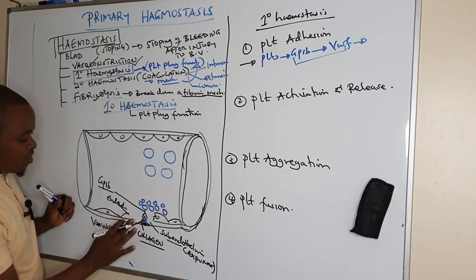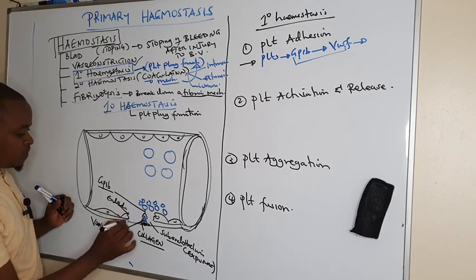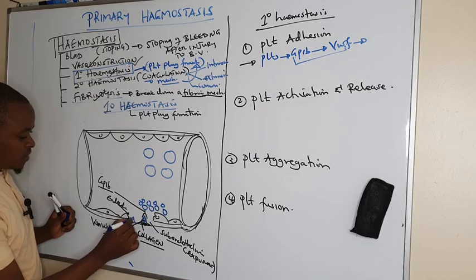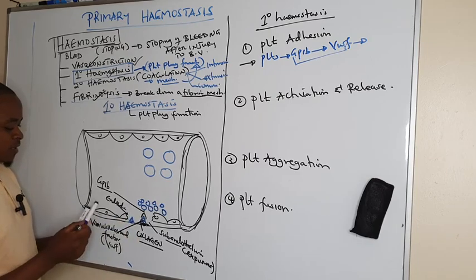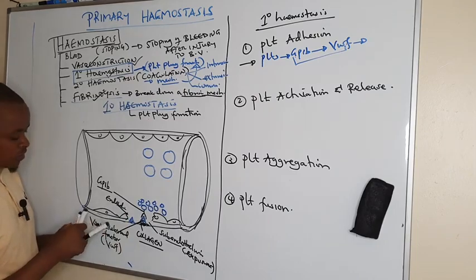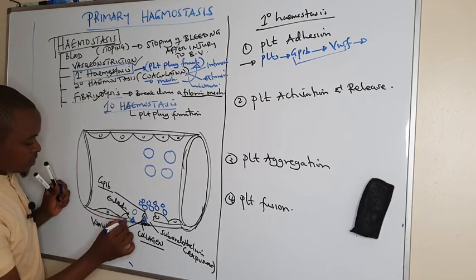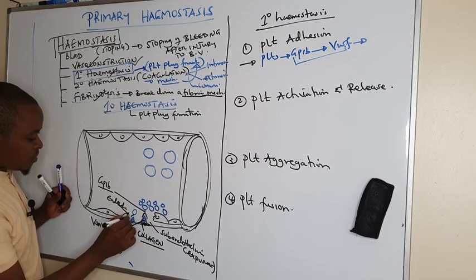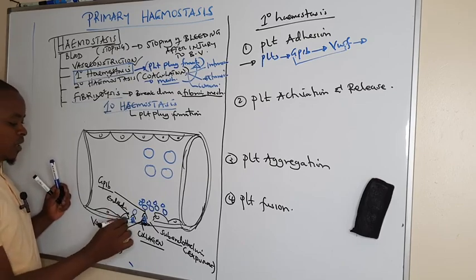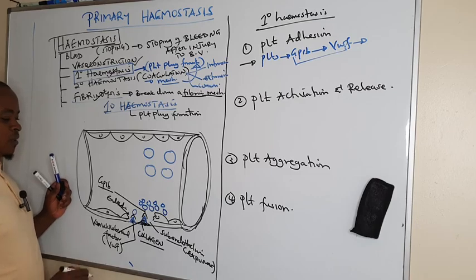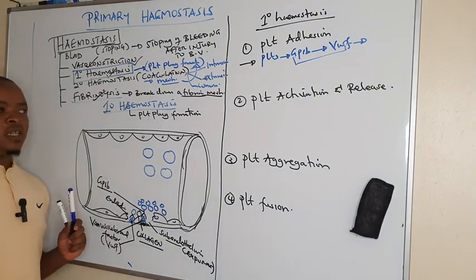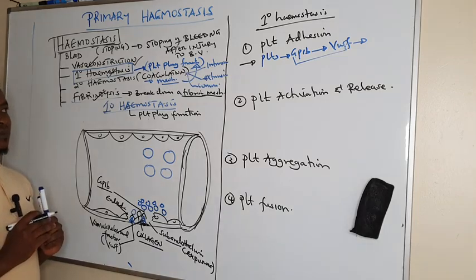If we have more von Willebrand factor at the injured site, in the presence of collagen, another platelet comes and exposes its glycoprotein 1b and adheres to the von Willebrand factor.